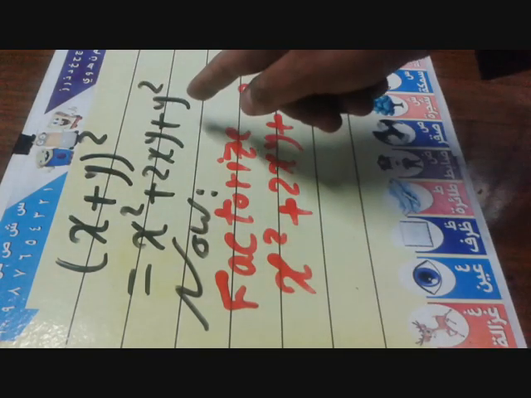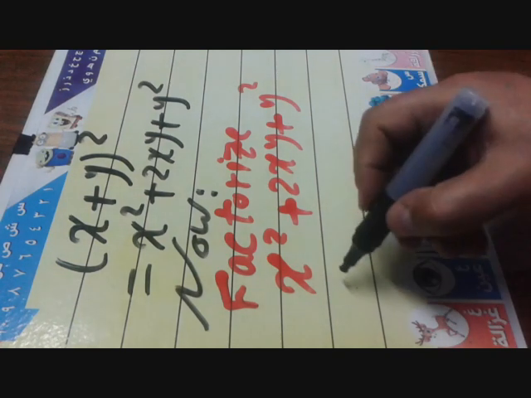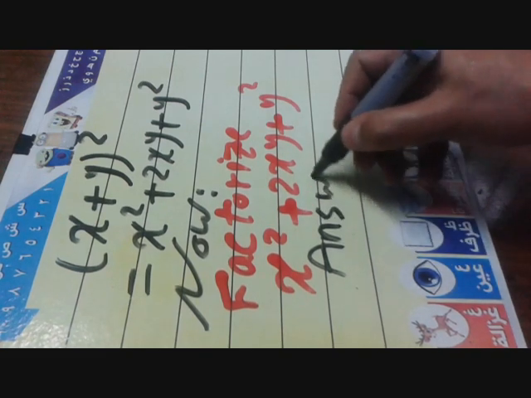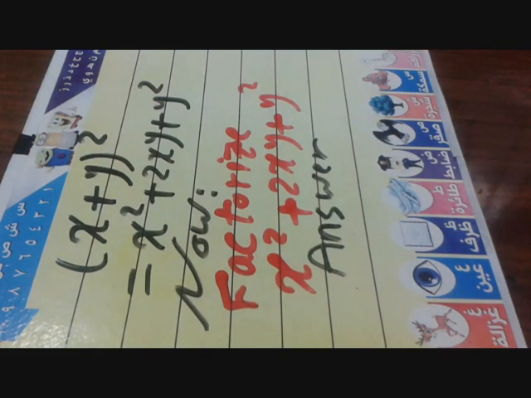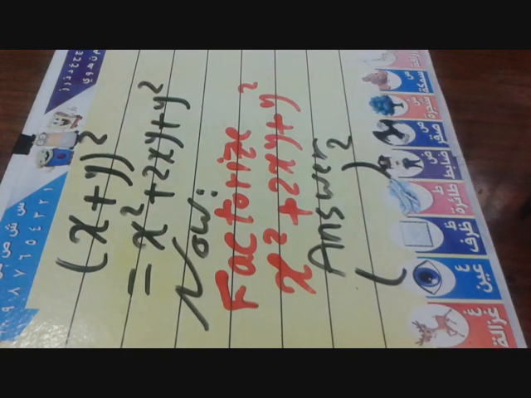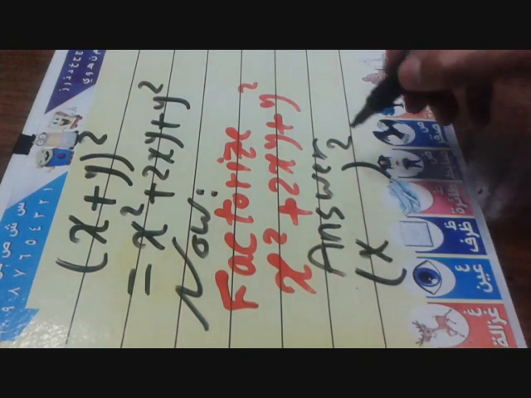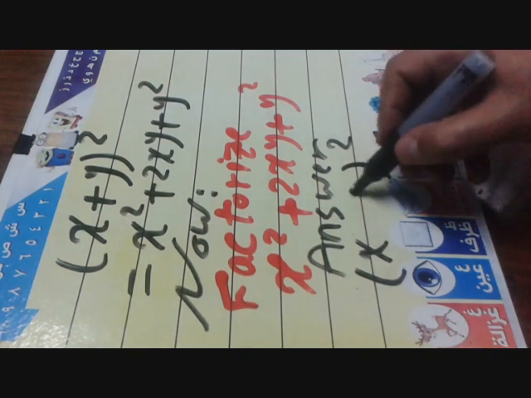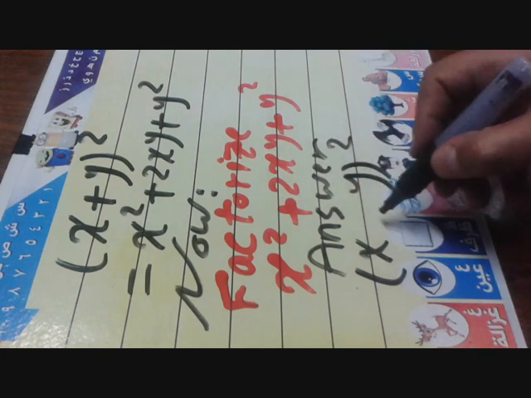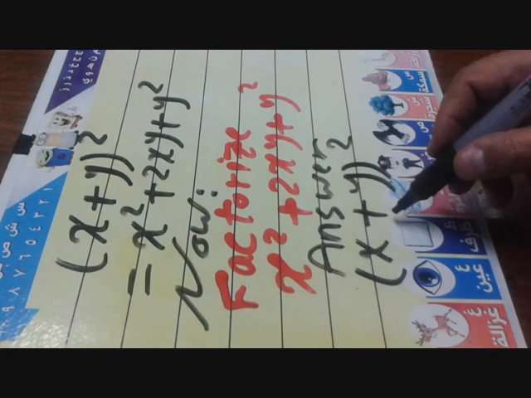This equals this, also this equals this. The answer is what? Open bracket, square. The root of x squared is x. The root of y squared is y. This positive, it is positive. This positive, it's positive.